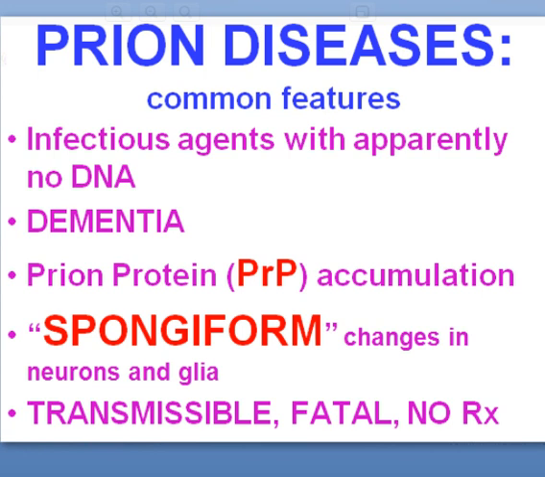And if you think that means little holes in the brain, you're right, because that's exactly what they look like. And they're in areas where there's neurons and glia, so you know that this could very easily affect gray matter as well as white matter. And it's transmissible. All prion diseases are generally fatal, and there's no therapy.